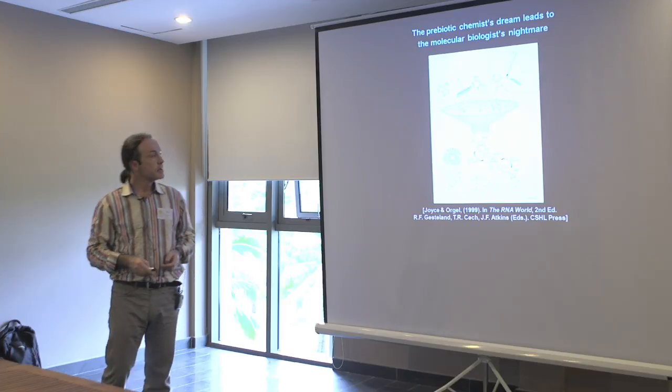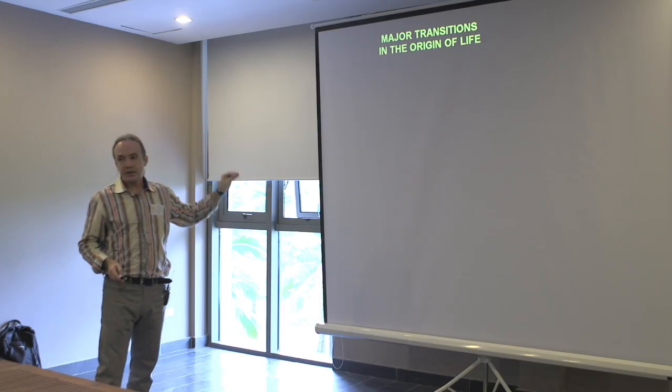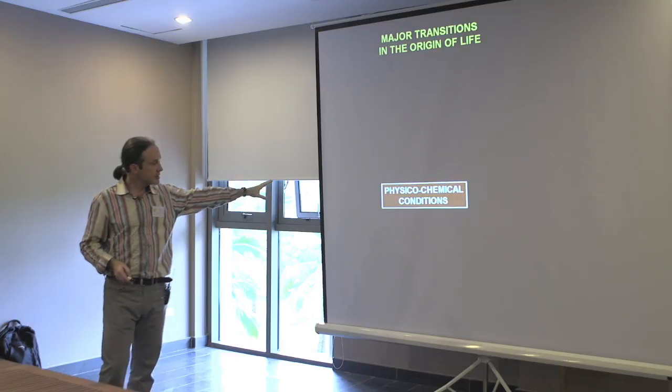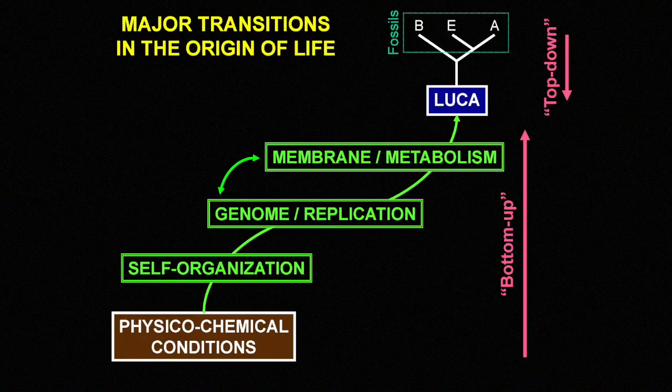How? When? So, if we want to go from the biomonomers to LUCA and the modern, let's call it modern cellular life, we have a huge gap here, where DNA, RNA, proteins, membranes should have appeared and interact. So these are the major transitions in the origin of life. We start in physical chemical conditions, early Earth, and we have to go to LUCA, and then the diversification of life.